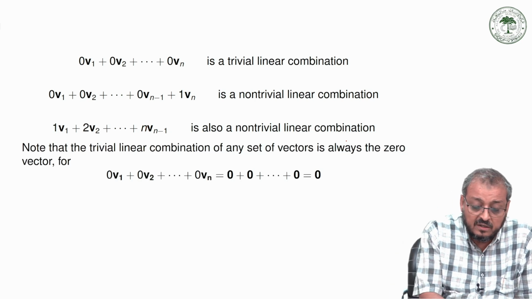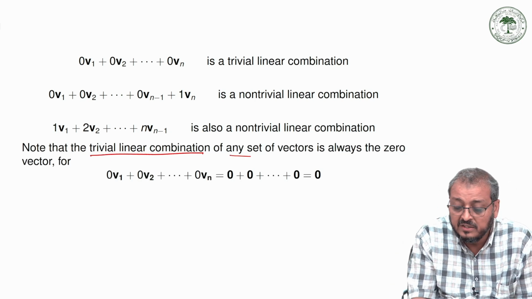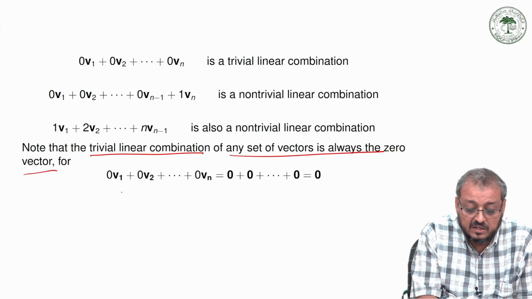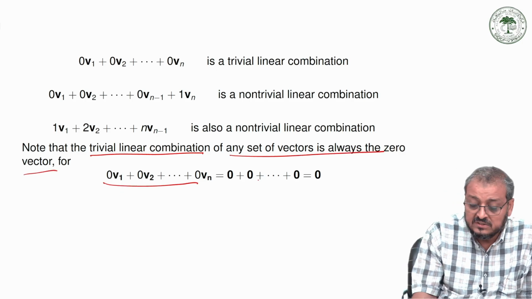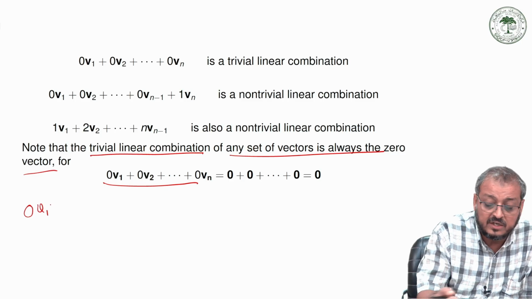Note that this is very important: the trivial linear combination of any set of vectors is always equal to 0. Why is this equal to 0?